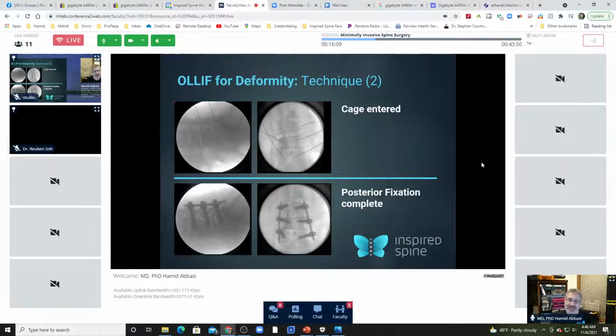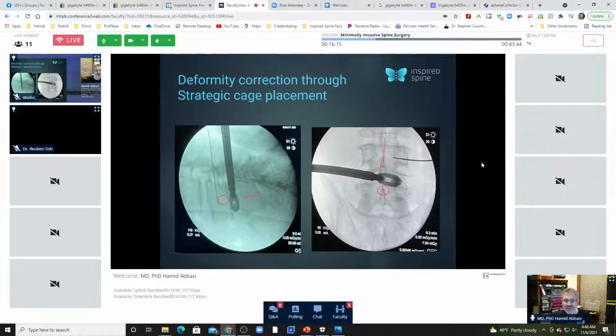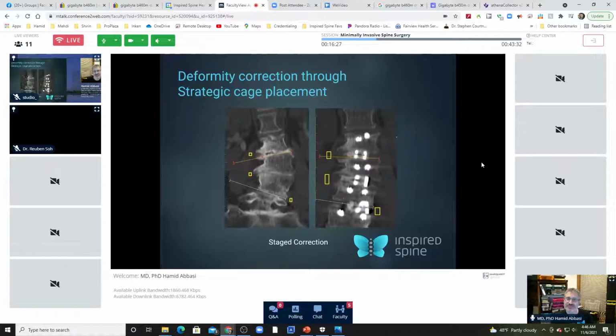Here you see the cages are eccentric. These are PEEK cages, but meanwhile we are using titanium cages. As you see here, we use the fulcrum, practically placement of the cage in strategic location to create not only coronal but as well sagittal correction.